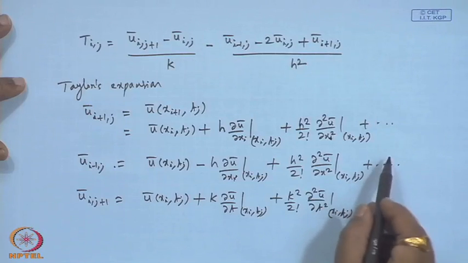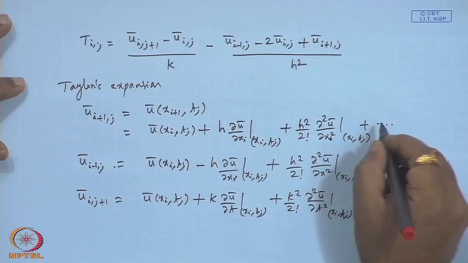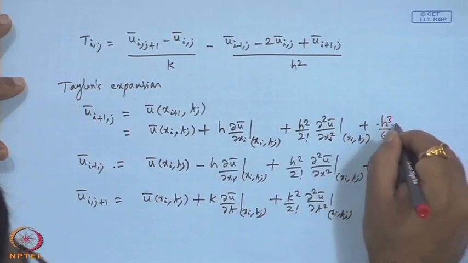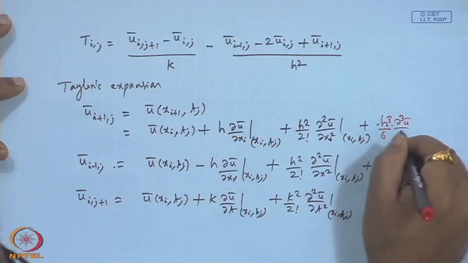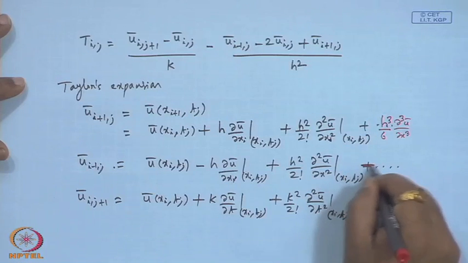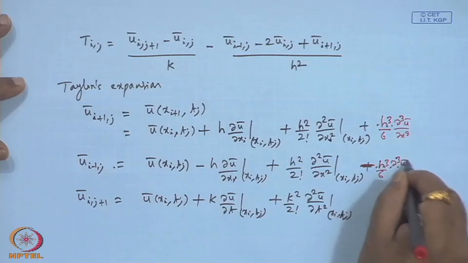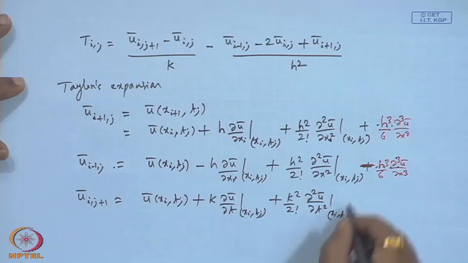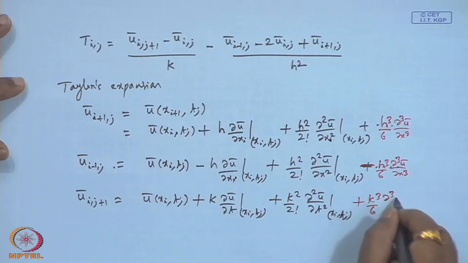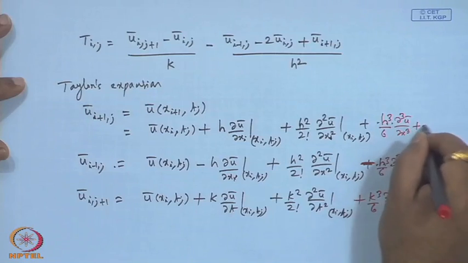So, I am not writing the third term, we can write it because we may use it later on. So, I hope you can see. So, this is by 6, okay, and here with a minus sign, and here so plus dot dot.